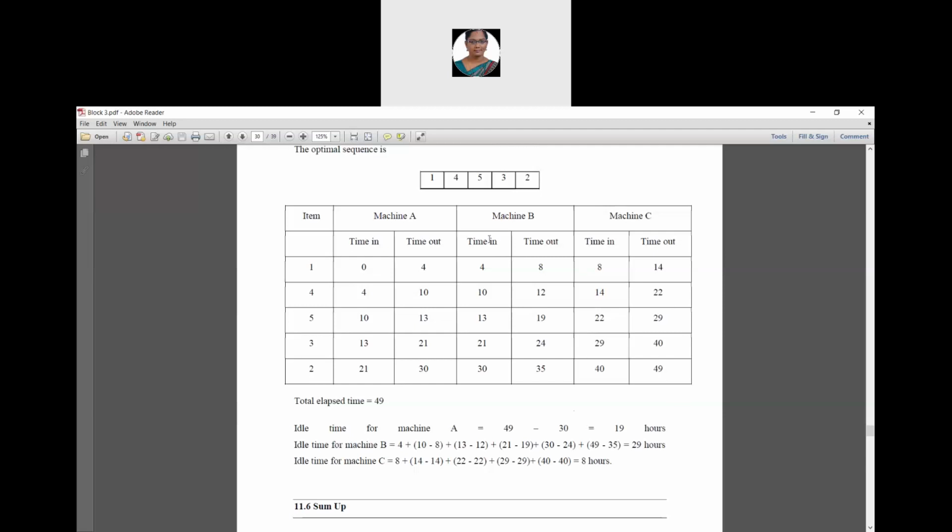The idle time for machine A is the total elapsed time minus the final out value of machine A. The total elapsed time is 49 and the final out value of machine A is 30. So the difference between 49 and 30 is 19 hours.